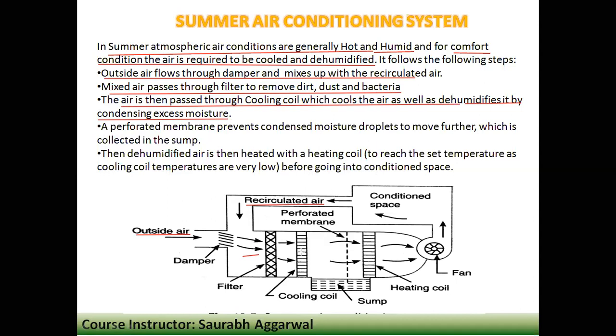If the temperature of the cooling coil is lower than the dew point temperature of the atmosphere, then the moisture present in the air will start condensing, and due to this the air will get cooled also, its temperature will decrease, as well as it is condensing that moisture content in the air. If it starts condensing, that means air is now having a lesser amount of moisture content.